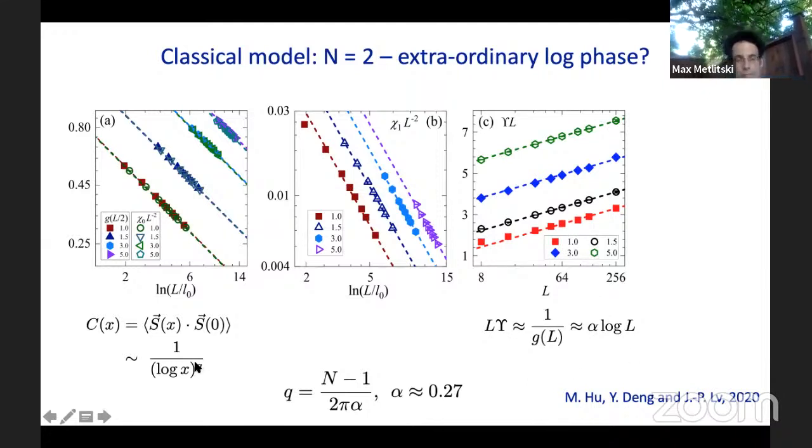And in fact, this exponent q in the 2-point function, remember, is analytically related to alpha in this way. Extracting q from here and alpha from here, this formula seems to be verified, and alpha for n equal to 2 is something like 0.27. So I think there is pretty strong evidence for n equal to 2 that the extraordinary log phase is there.